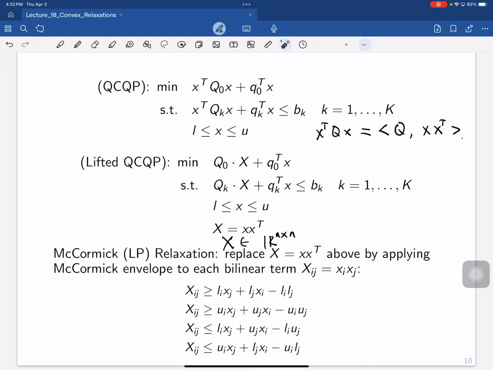So what are the equations in X equals XX transpose? It is essentially Xij equals Xi times Xj. Right? Now, since you can apply the McCormick envelope to any bilinear function, you can apply it to each of these equations, and then replace this nonlinear non-convex constraint with some linear relaxation. Okay, and then with that you can come up with a linear relaxation of a non-convex quadratic problem.